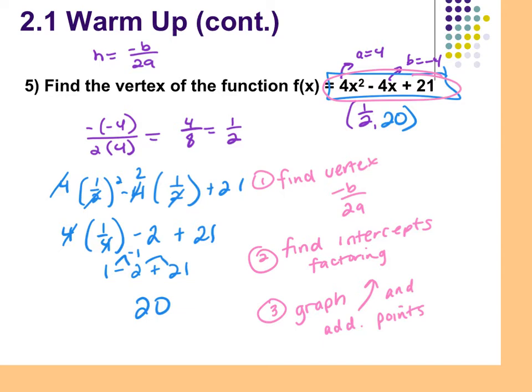If it's in quadratic form, then you can find the vertex by doing negative b over 2a, find the intercepts by factoring, and then graph it. Or you can force it into standard form. Obviously, it's easier to do standard form if there's not a number on the front of the x squared, or if it's something like this where the number on the front of the x squared will go into the second term. It's not so bad, okay? But just keep that in mind. You now have 2 strategies for doing that.